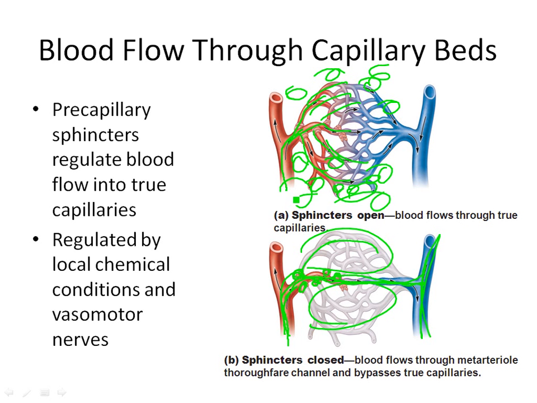So what happens? Your body is flooded with adrenaline. That adrenaline is going to cause precapillary sphincters to close in the body areas you don't need. Now, what areas do you not need to be functioning when you're trying to either run away from that bear or fight that bear?